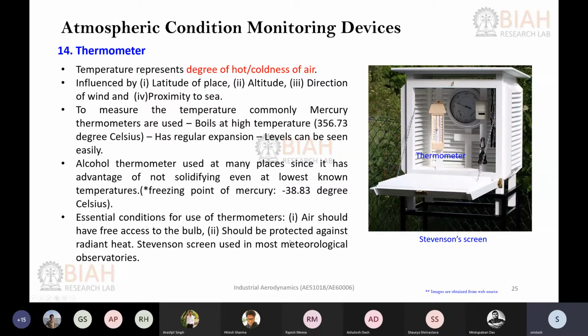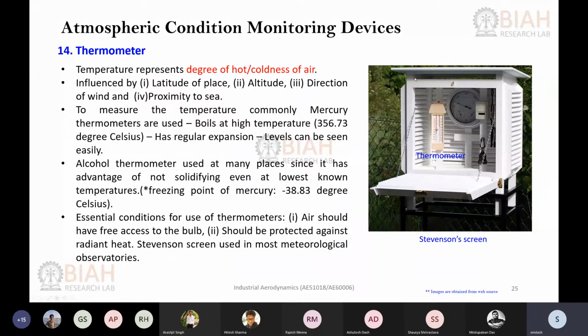Additionally, you need to ensure that the bulb is accessible to the air freely, that it is not blocked by any other instruments, and the surrounding is free from any kind of blockage, and that it is protected against the radiant heat. To ensure this, generally a box called a Stevenson screen is used, like the one I have shown in this figure.